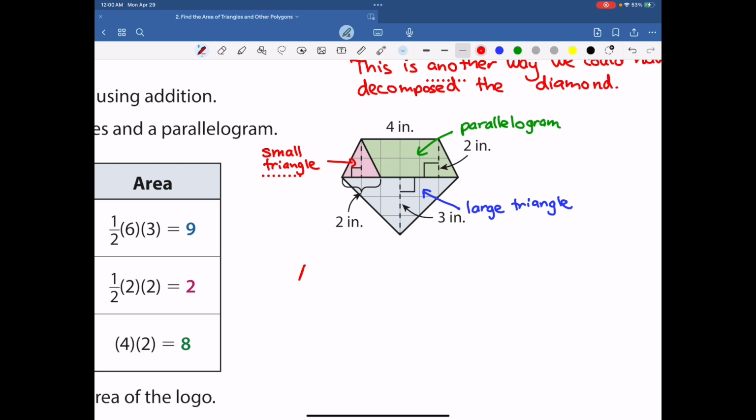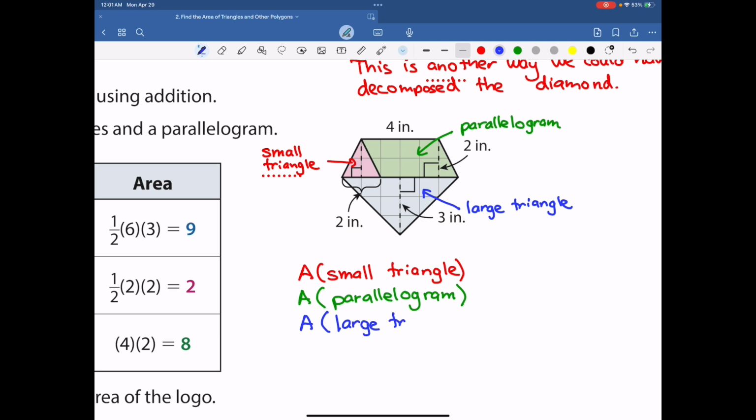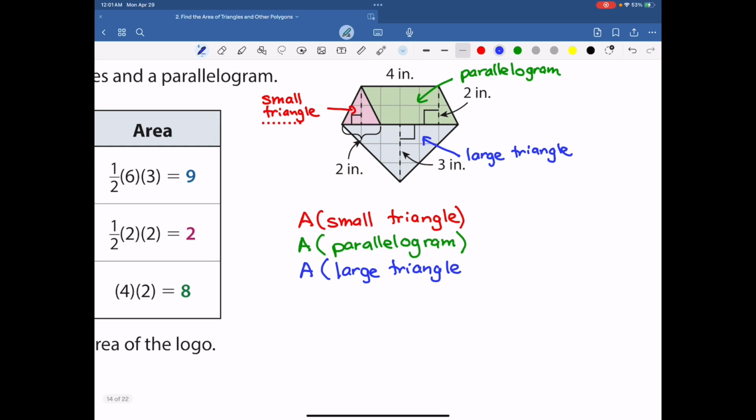So we just take the area of the small triangle plus the area of the parallelogram plus the area of the large triangle, and when you add all of that up together, you have the area of the diamond.